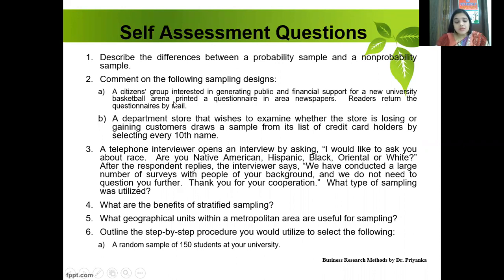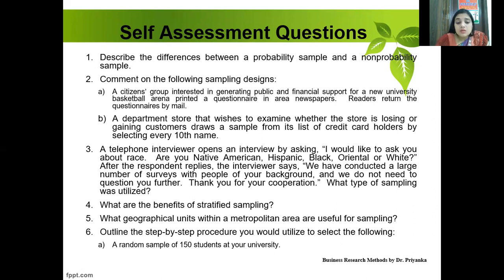A citizens group interested in generating public and financial support for a new university basketball arena printed a questionnaire in area newspapers. Readers returned the questionnaires by mail. But how do you define it? What kind of sampling design is here?